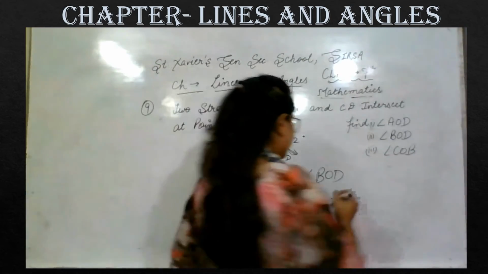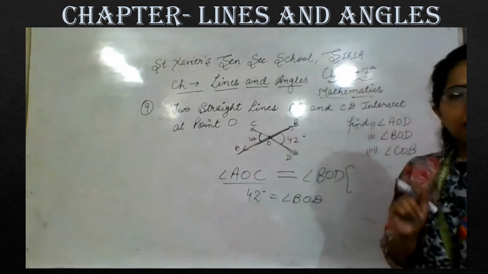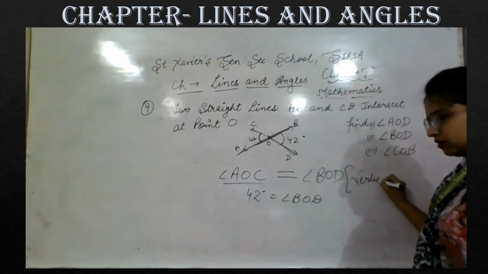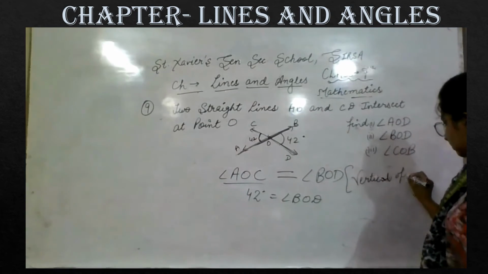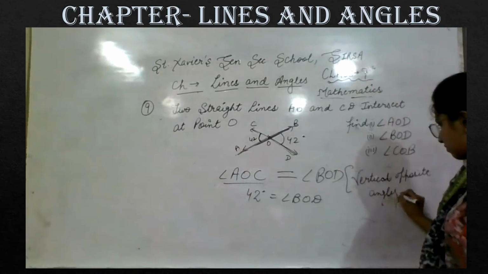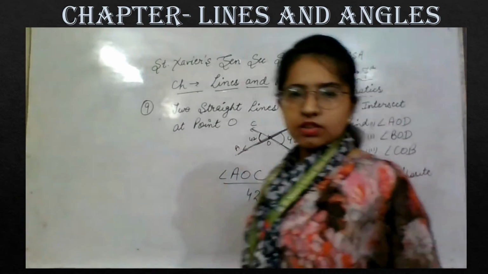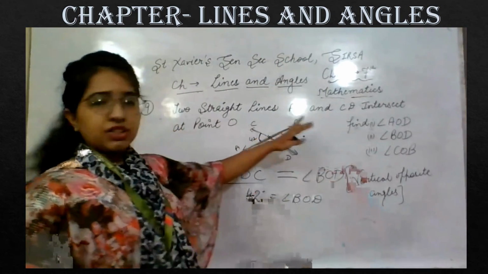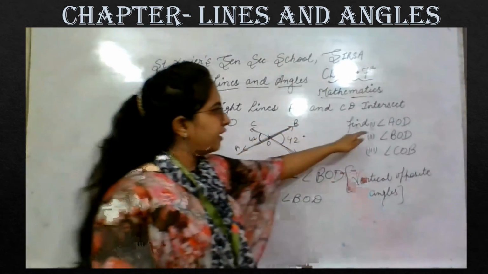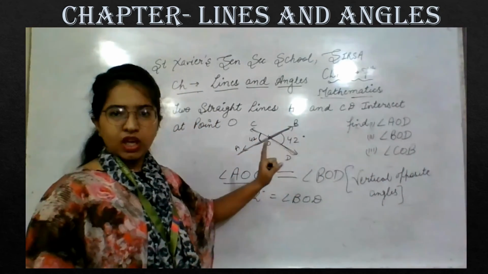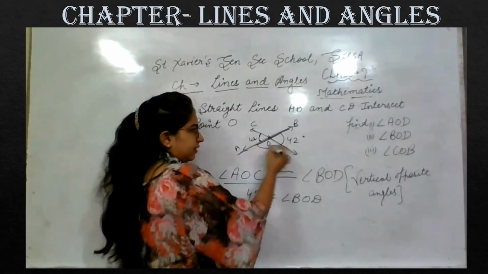What's the reason? Vertical opposite angles. Clear? You have to write the reason also. In this question, what he was asking is to find AOD. First of all, AOD, we have to find this angle.